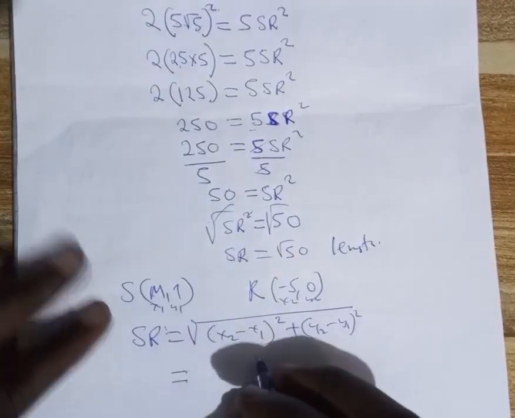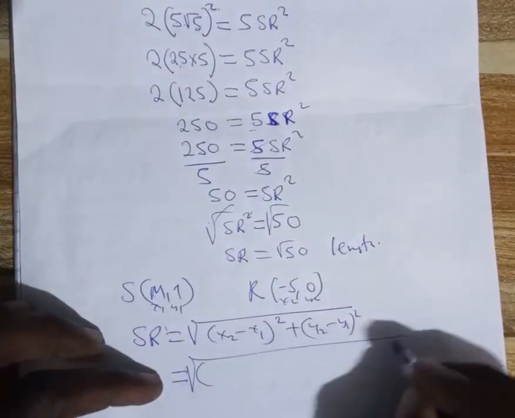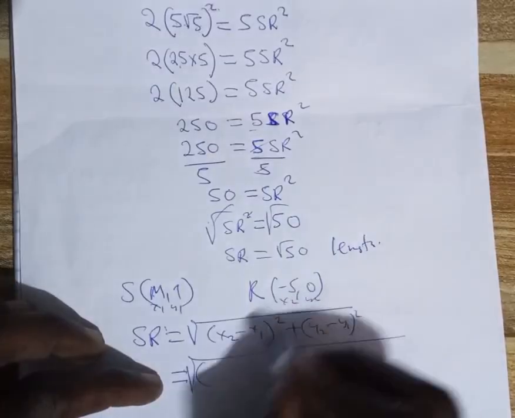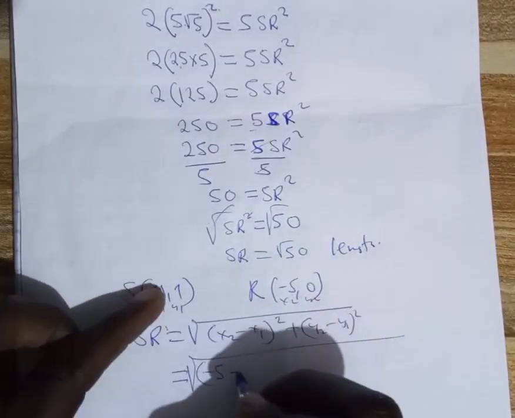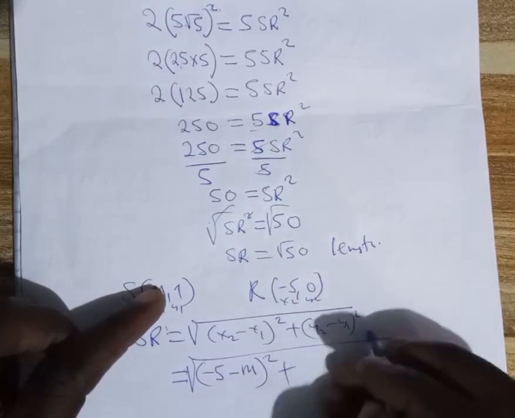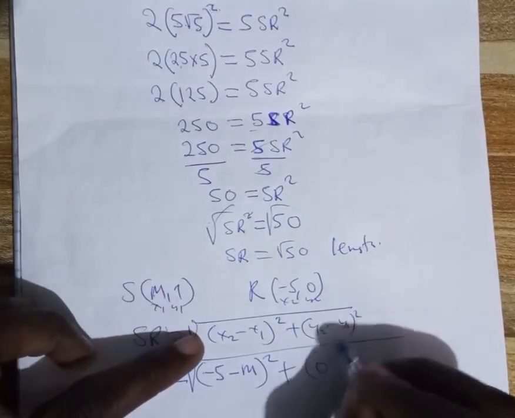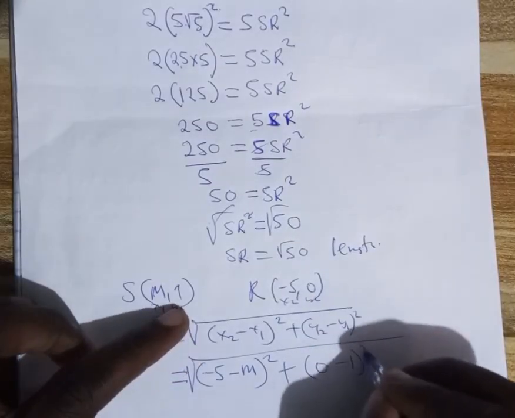Then we start plugging in. What is our x2? Our x2 is negative 5. x2 is negative 5 minus x1, which is m, squared, plus y2, which is 0, minus y1, which is 1, squared.